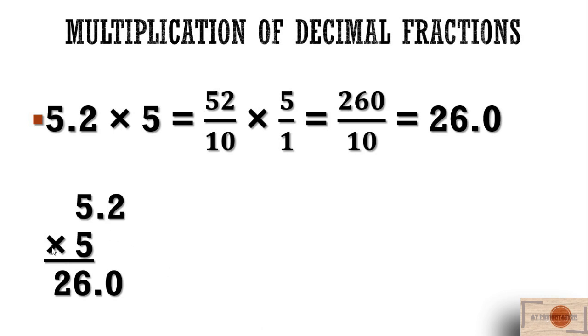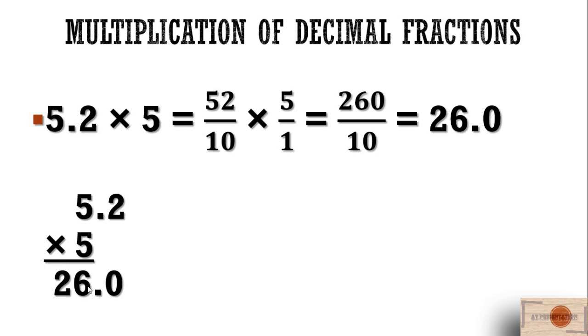Now this example by the vertical method. 5.2 multiplied by 5: 5 multiplied by 2 is 10. Write 0 here and carry 1 above. Then 5 multiplied by 5 is 25 and 1 is 26.